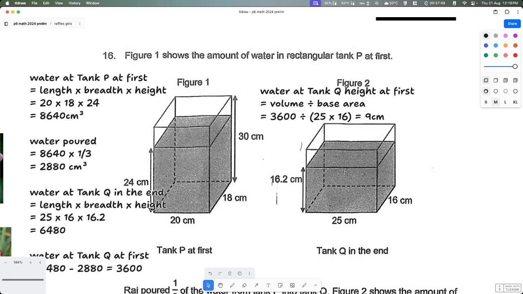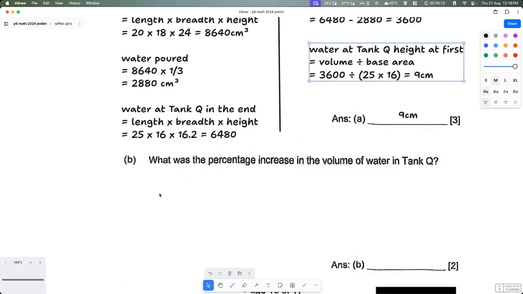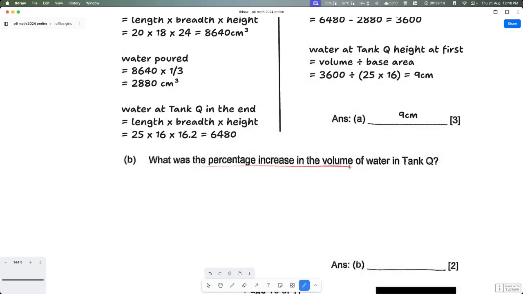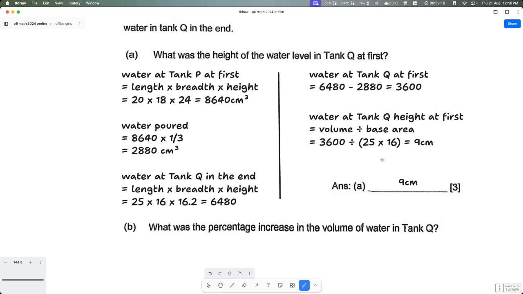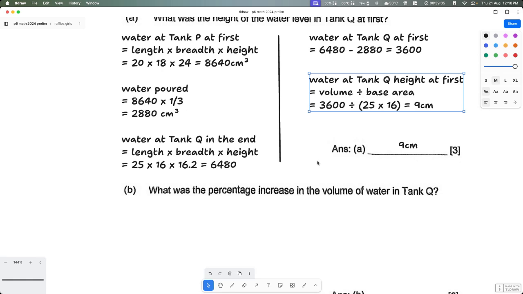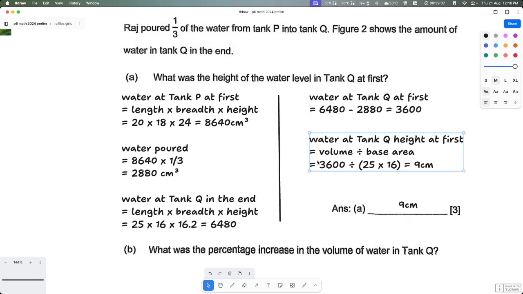All right, let's move on to part B. Part B says, what was the percentage increase in the volume of water in tank Q? So inside tank Q, the percentage increase. The water poured is 2880, and then divided by the 3600 at first.